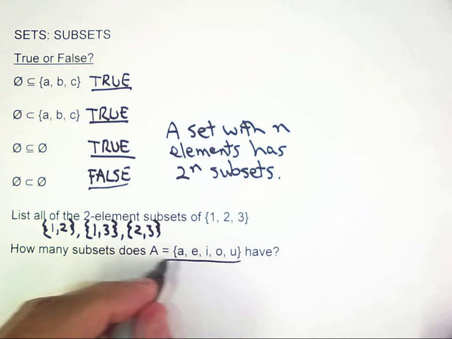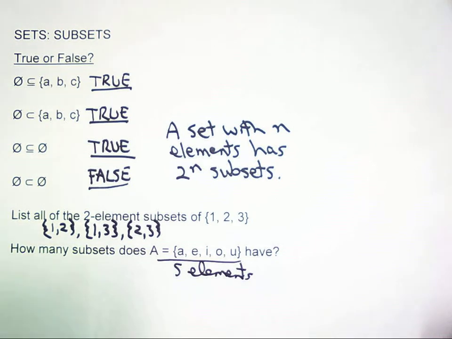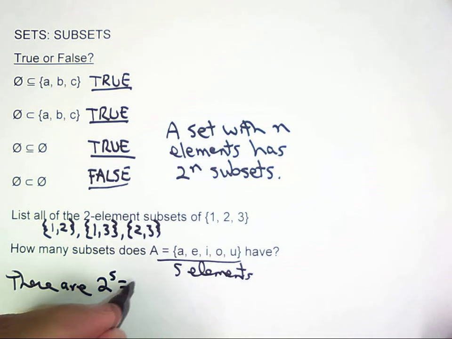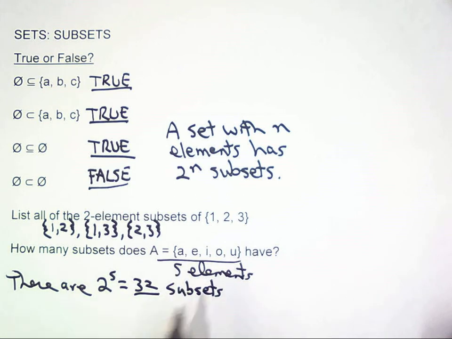This set has 5 elements, so that means that there are 2 to the 5th. That's 2 times 2 times 2 times 2 times 2, which is 32 subsets. So that's any set with 5 elements has 32 subsets.